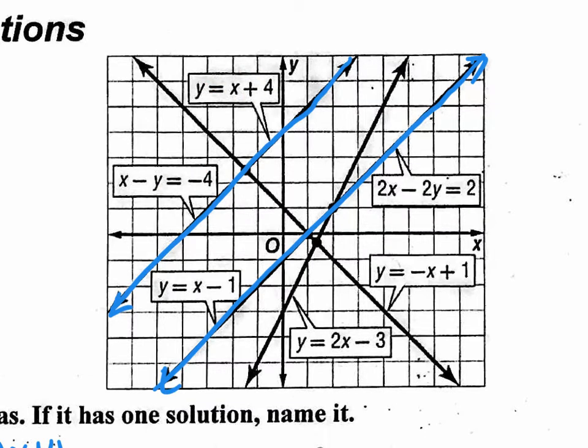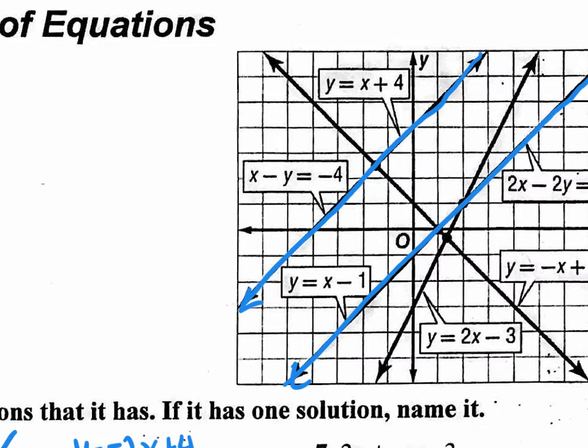In other words, if I were to take this x and subtract it over to this side, and then multiply everything by negative 1, it would be that same exact equation. I might as well demonstrate that for you. Check this out. There's my original equation, x minus y equals negative 4. If I subtract x from both sides, I will have negative y equals negative x minus 4.